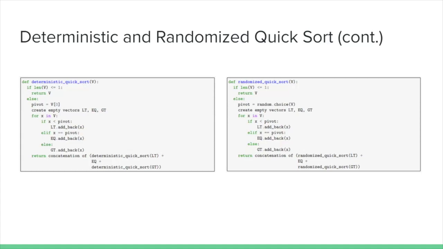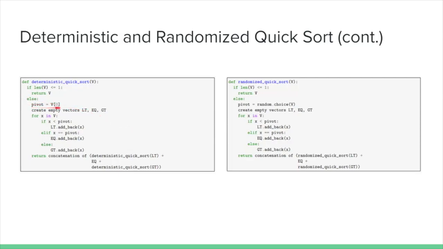Here is some pseudocode to visualize the difference between deterministic and randomized quicksort. On the left is the deterministic quicksort algorithm, and on the right is the randomized quicksort. You can see that they both look the same and use the same concept for sorting the list.